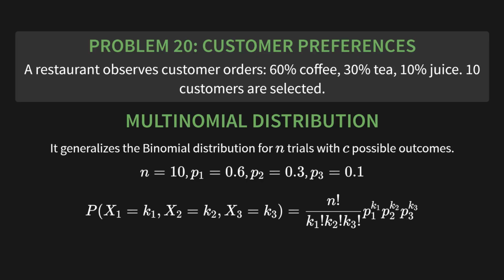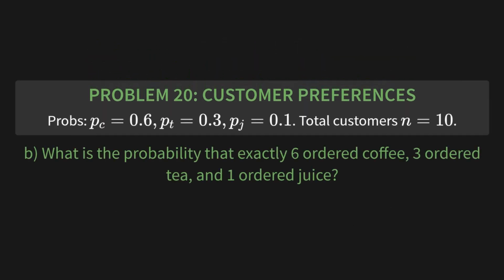So, for our last question, Part B, the probabilities are 0.6 for coffee, 0.3 for tea, and 0.1 for juice, with 10 total customers. What is the probability that exactly 6 ordered coffee, 3 ordered tea, and 1 ordered juice?